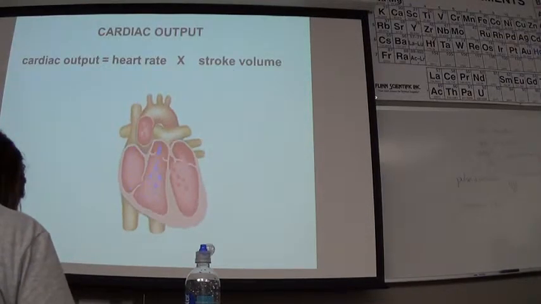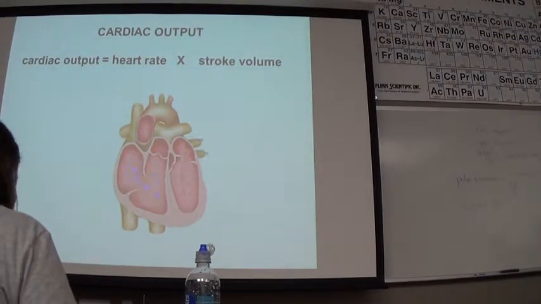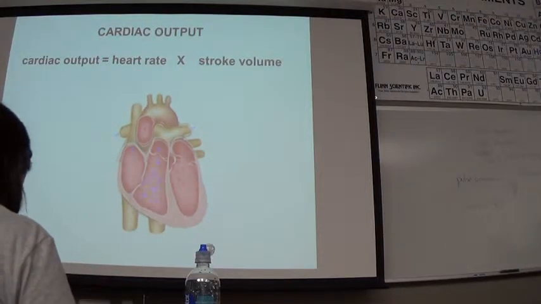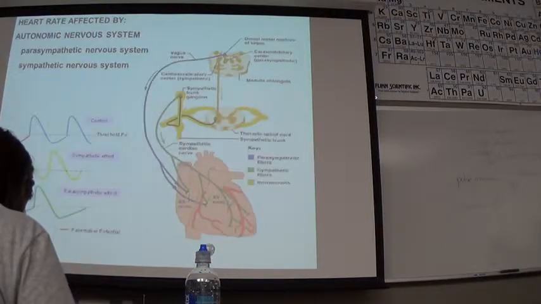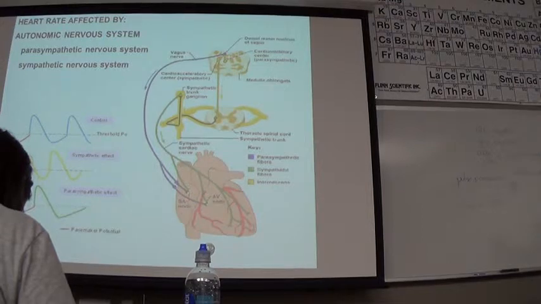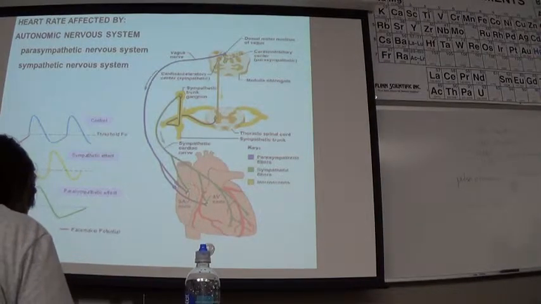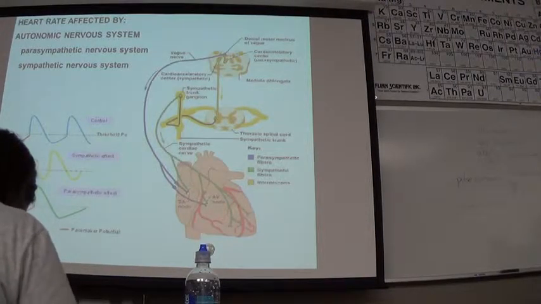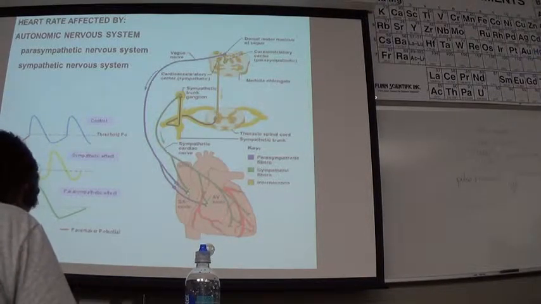Okay? So we saw this graph before. Every slide that I have up here is just a review as far as those two are concerned. So remember, heart rate is affected by autonomic nervous system, and the neurotransmitters, the hormones that are a component here, are acetylcholine and norepinephrine, epinephrine for the hormone. All right. So here's our autorhythmic rate.